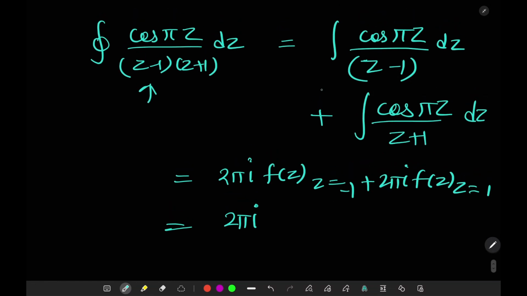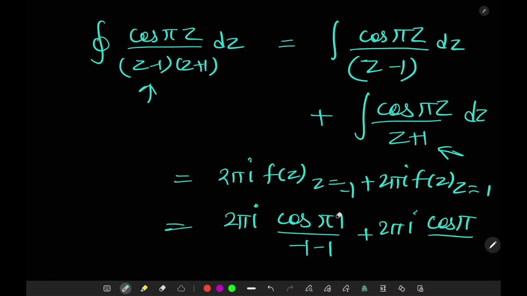Now putting z equals minus 1 in this f(z), plus 2 pi i, and putting z equals 1 in this, so this becomes this.